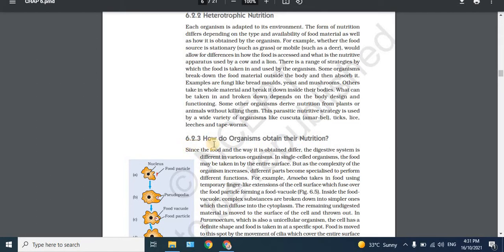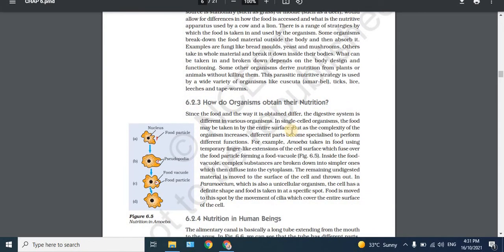6.2.3 How do organisms obtain their nutrition? Since the food and the way it is obtained differ, the digestive system is different in various organisms. In single-celled organisms, the food may be taken in by the entire surface.